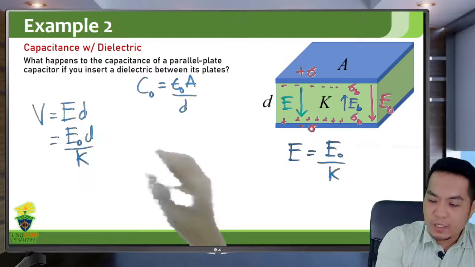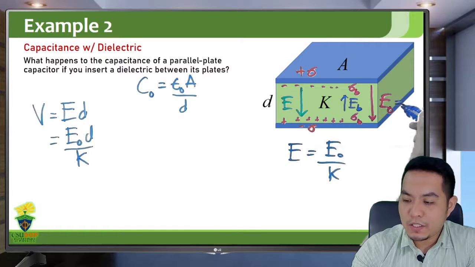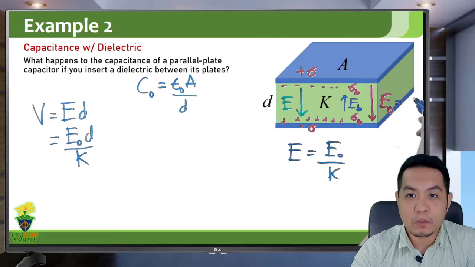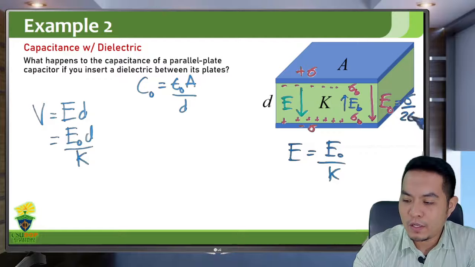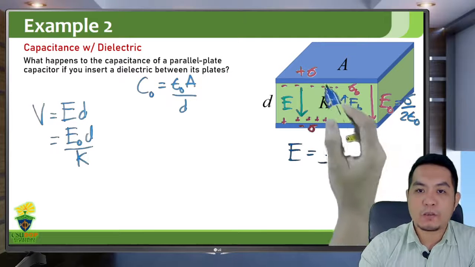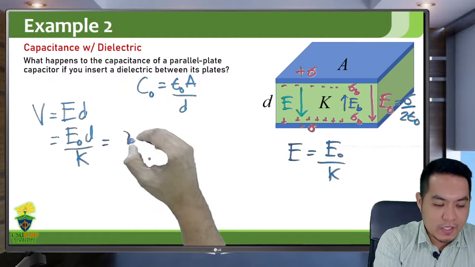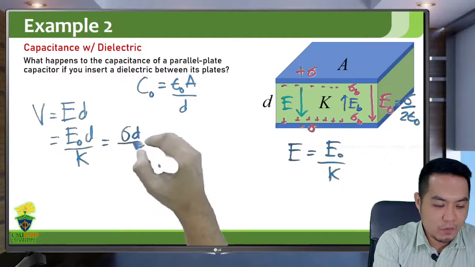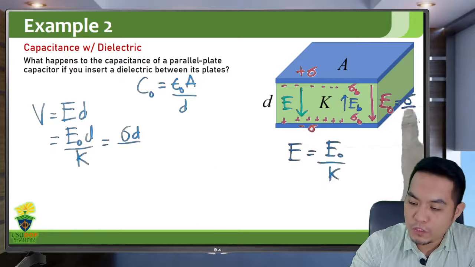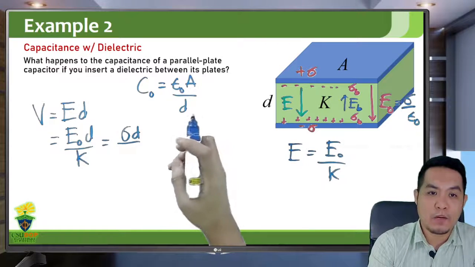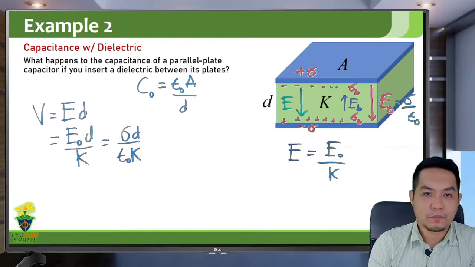Now this electric field E naught is just the field between two sheets of charges of opposite sign, related to the charge density sigma. So this is basically just sigma d over epsilon naught, there's no factor of two. Sigma d over epsilon naught k.